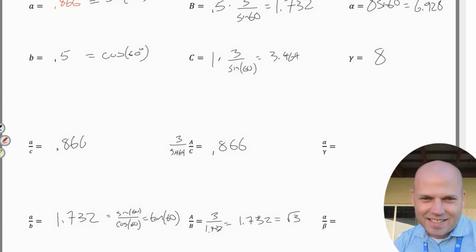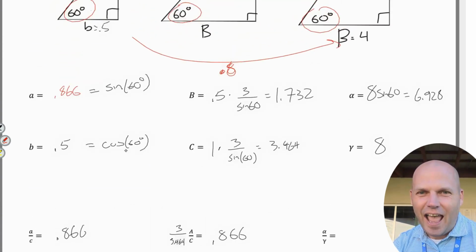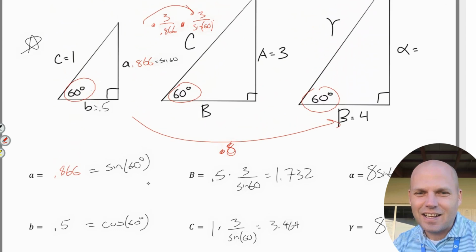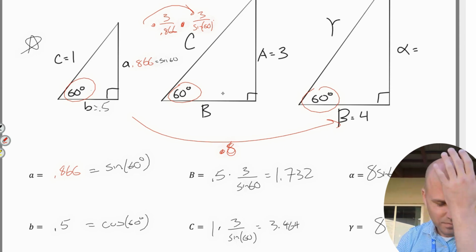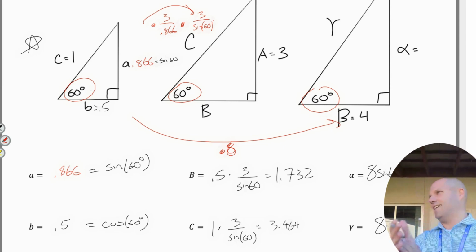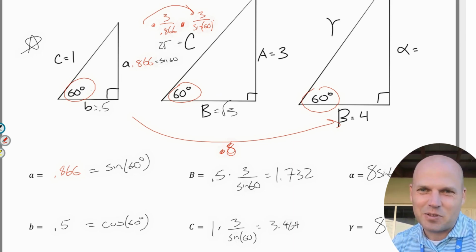Oh, wait, the numbers are the same. What's going on? B is the square root of 3. Oh my gosh, I got it. B actually ends up being the square root of 3. And C actually ends up being double the square root of 3. Oh, wow, that's great.